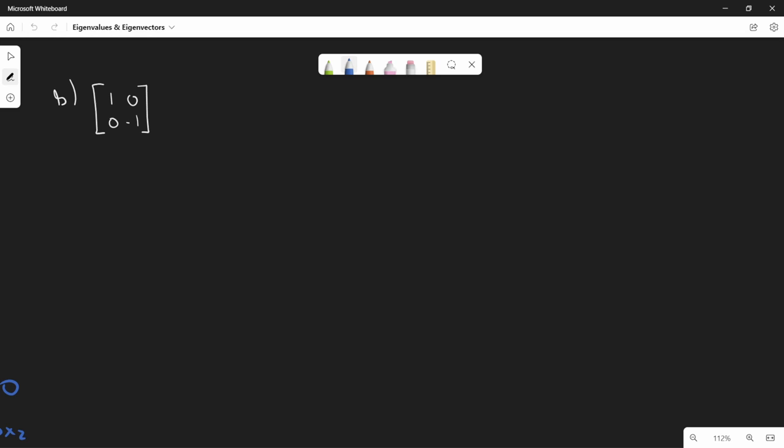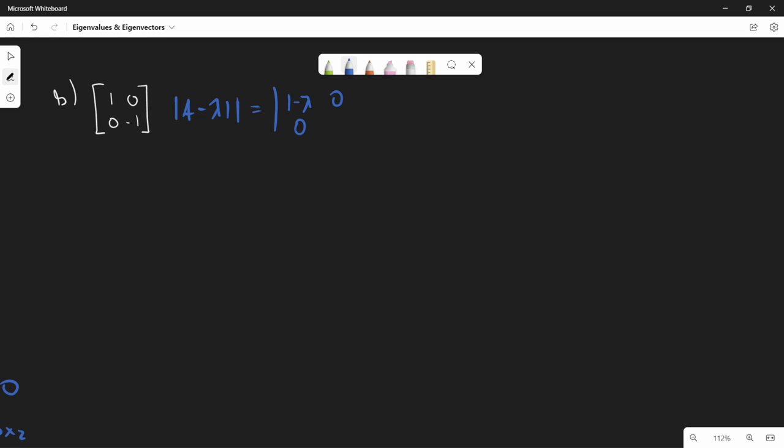So the next example, we have a 2 by 2 matrix. It's the same one as the last one. So we're just gonna do the usual as every other step. Find the characteristic equation using the form of the determinant A minus lambda I. That will give us 1 minus lambda, then 0, 0. Actually, let's split those up.